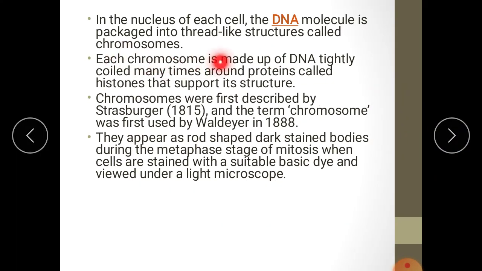Each chromosome is made up of DNA tightly coiled many times around proteins called histones that support its structure. So, a chromosome is made up of DNA along with histones.